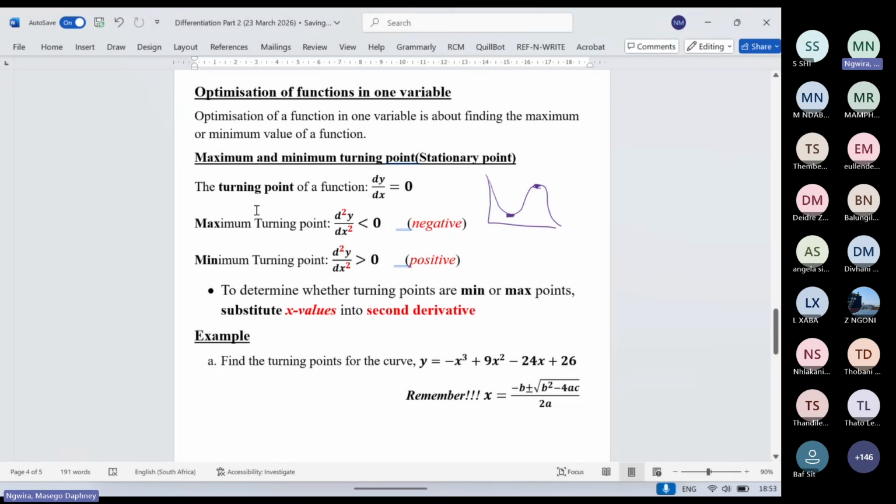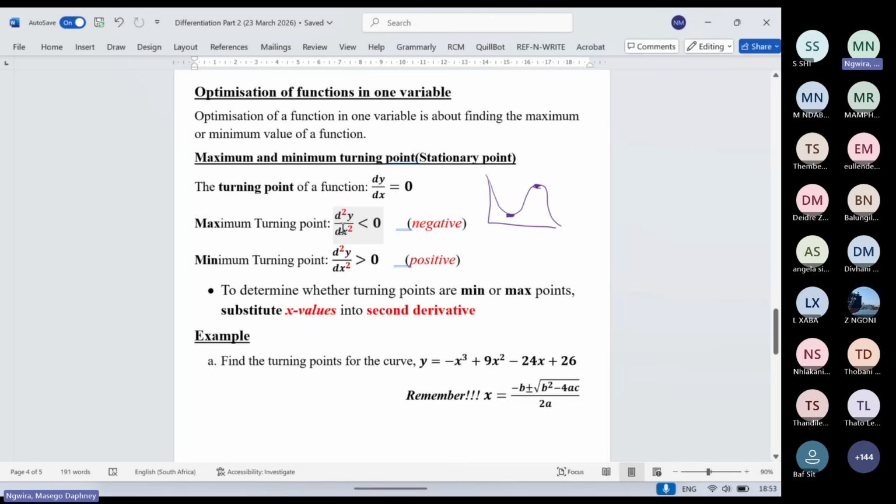For you to calculate the turning point of a function, you have to derive it for the first time. If you remember, for the quadratic graph we had a formula. But for this one, to get the turning point, we have to derive it and then solve for x. You'll see the steps as I do them. Then the maximum or minimum is determined by the second derivative of your function.